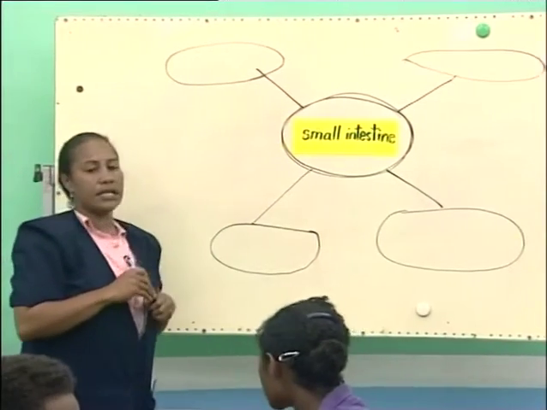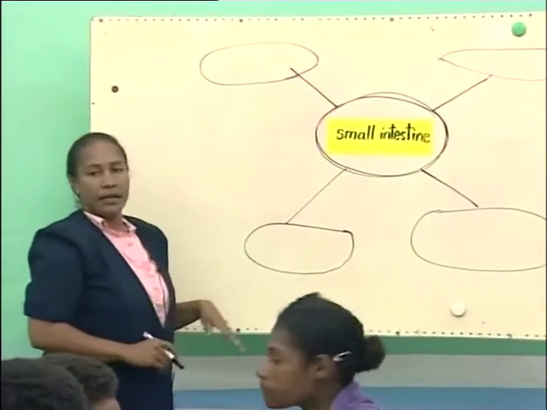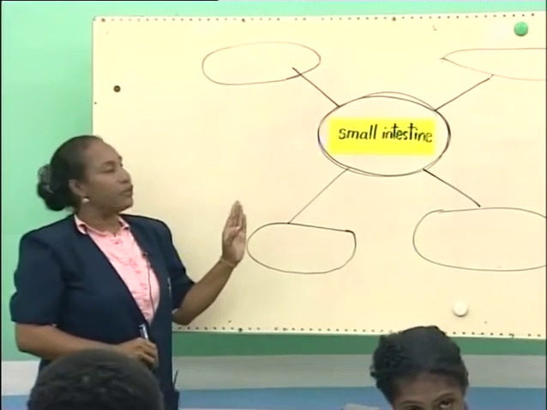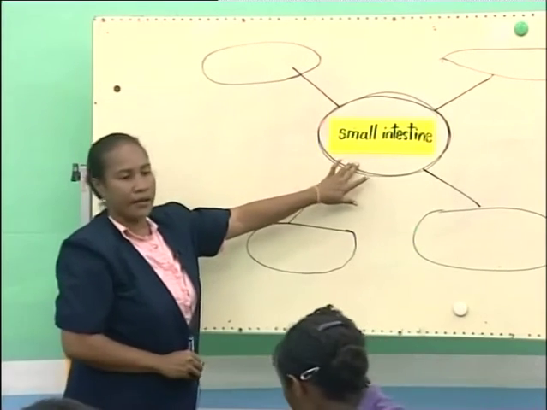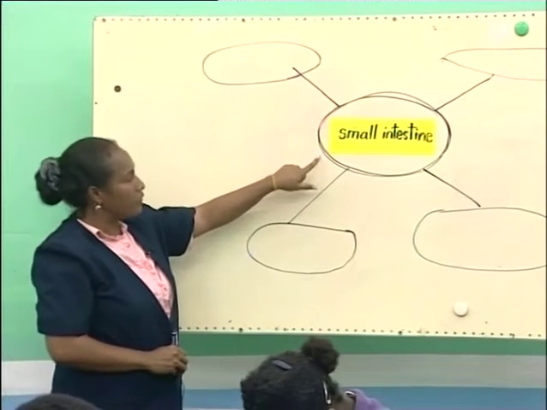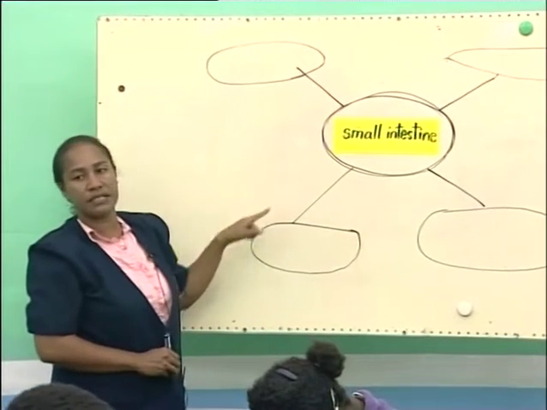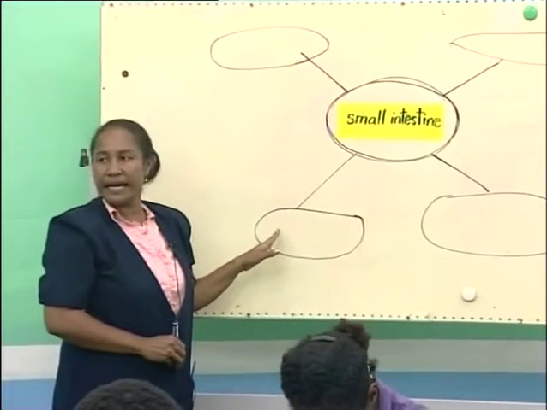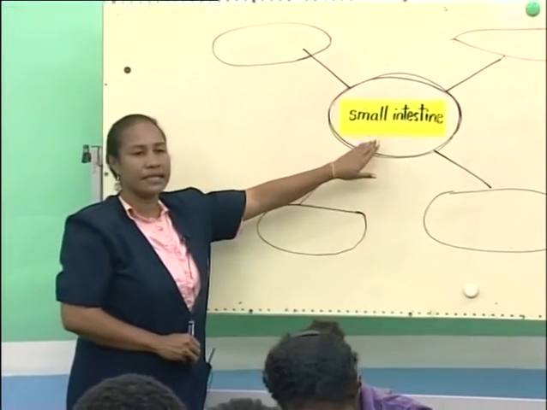Let's have one example. Anyone? This is a concept web, meaning you are going to build on this main concept, which is small intestine. Any words relating to this word small intestine that you can think of, or any ideas linking to this main concept.